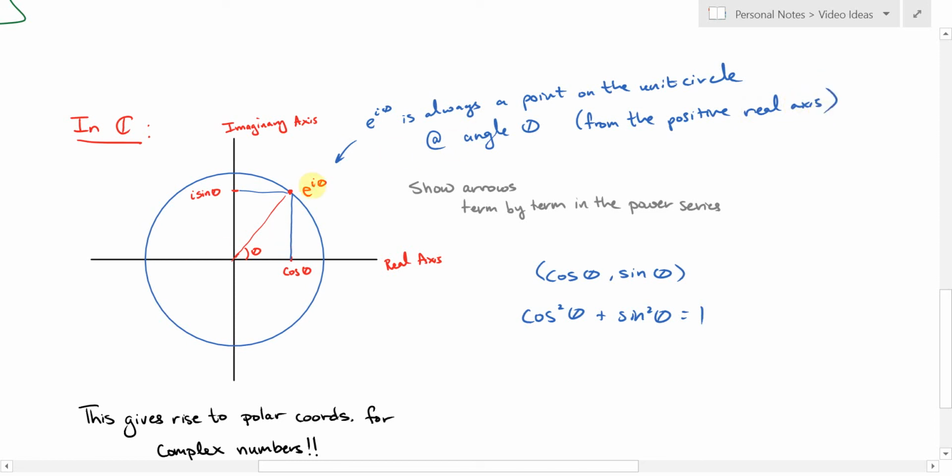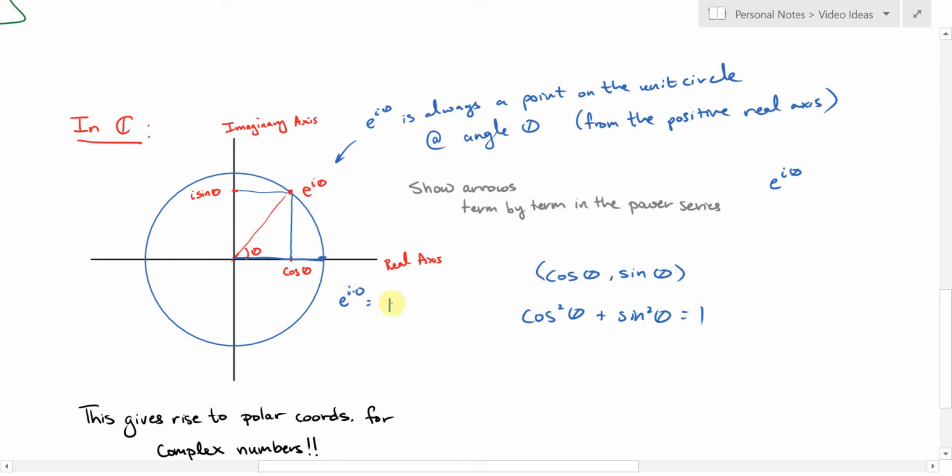So that's actually an amazing thing. If you're considering just the function e^(iθ), and you start off at 0, e^(i0) should put you right there. e^(i·0) should put you at 1, which makes sense, because i times 0 is 0, e^0 should equal 1. So it puts you at 1 here, 1 plus 0i, there's no imaginary component.